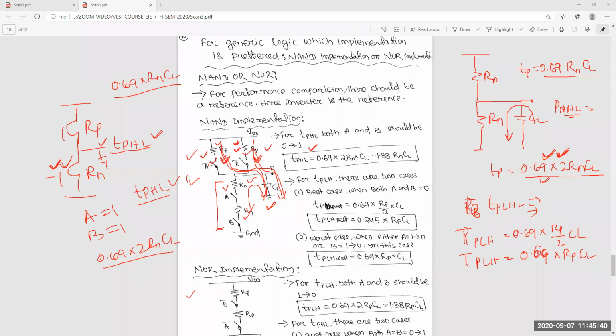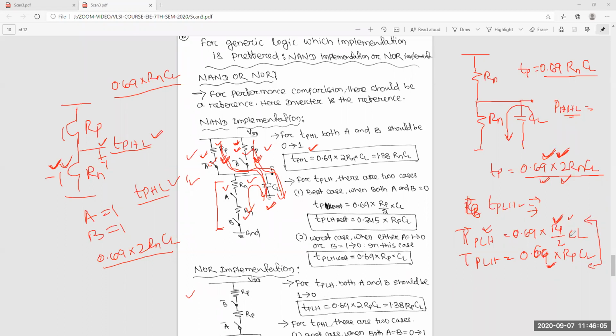So here the best case is this one, because your TPLH is half if you compare this. This TPHL, high to low, is always constant, you cannot change it. But for TPLH, two cases will become, one best case and one worst case.